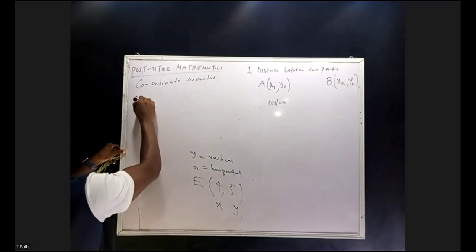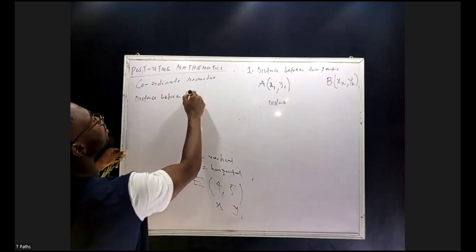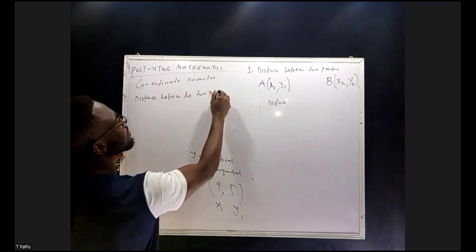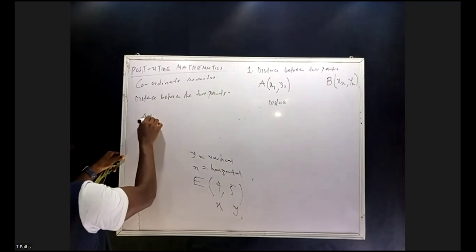So the distance, okay, let me write it here. The distance between the 2 points, let me call that distance AB.